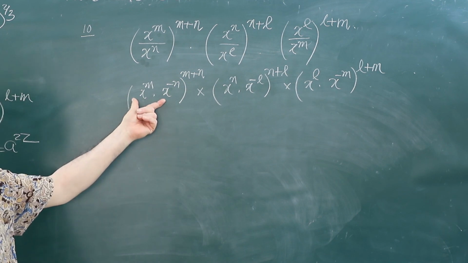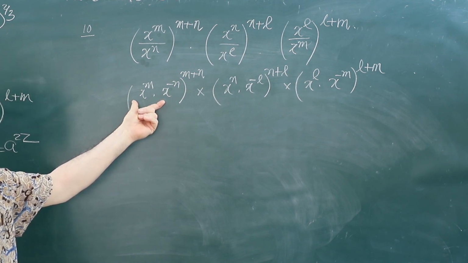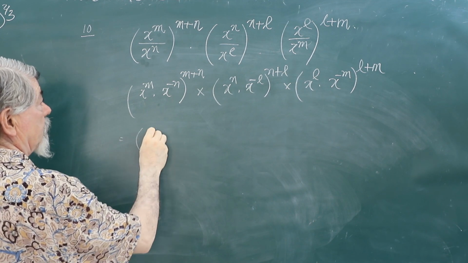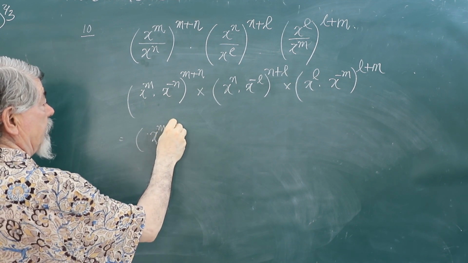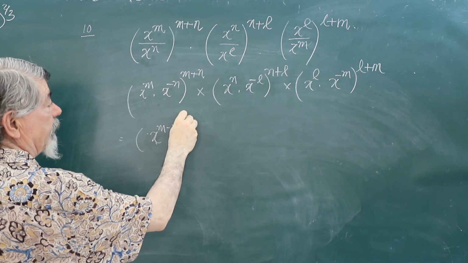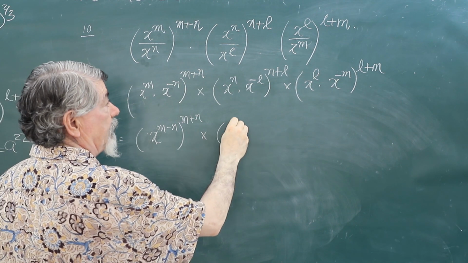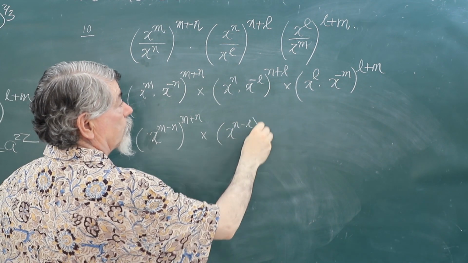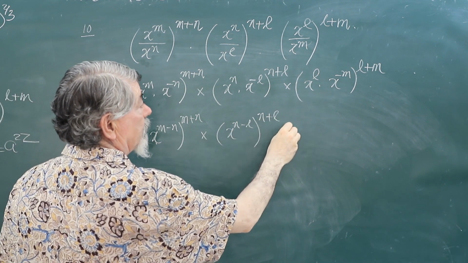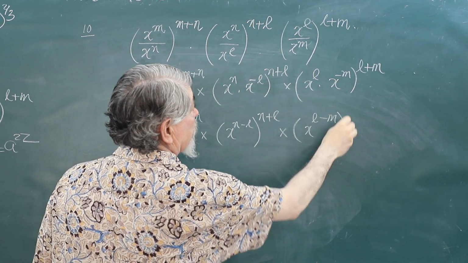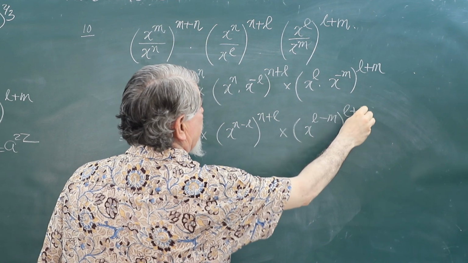When we combine these together, according to the product law, it will become x to the power m minus n to the power m plus n, x to the power n minus l to the power n plus l, into x to the power l minus m to the power n plus m.